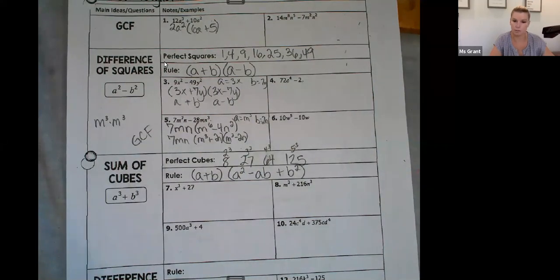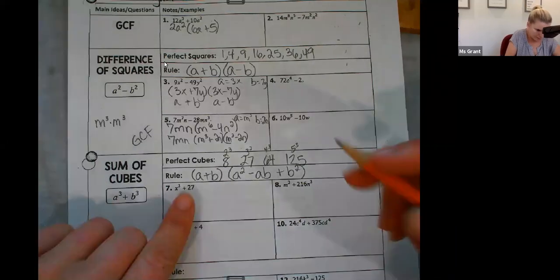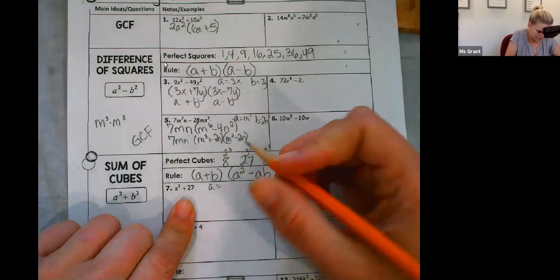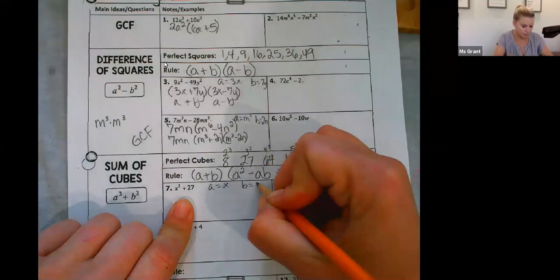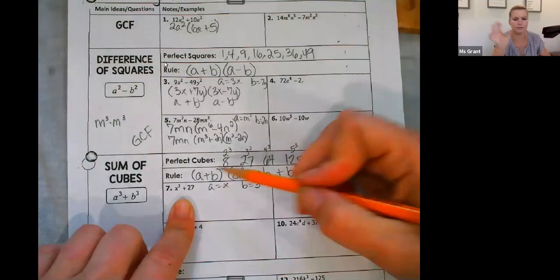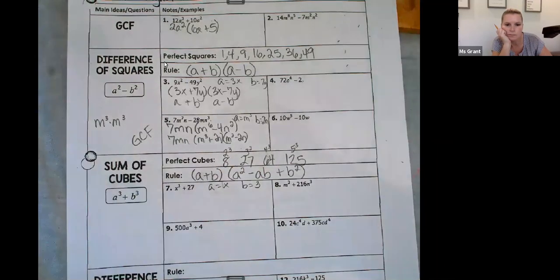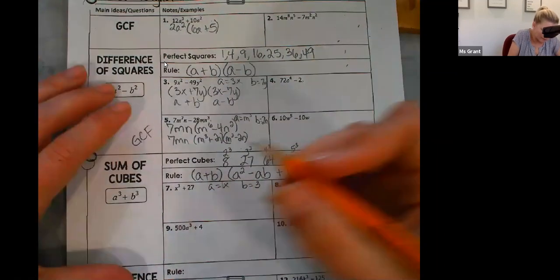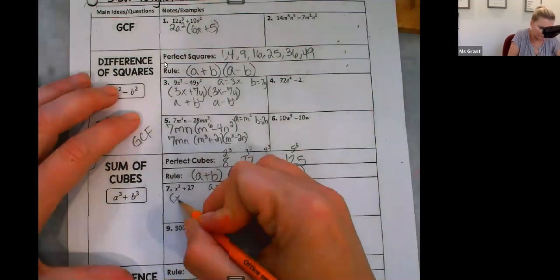So let's go slow. My a is obviously going to be x. My b is obviously going to be 3. I can also say that my a is 1, but what you know. Here we go for number 7. Okay, a plus b, x plus 3.